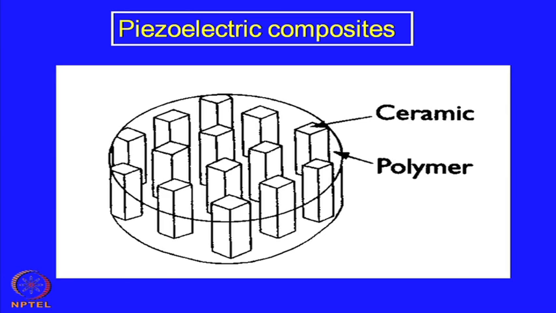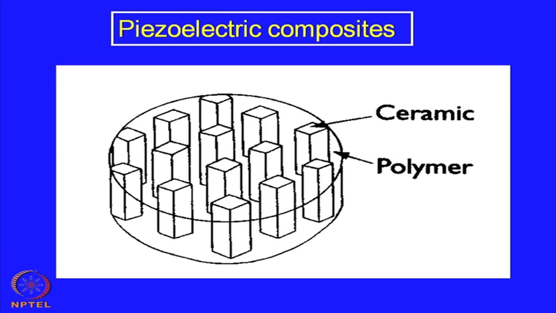So, the polymer is continuous in the xy direction, the ceramic is also continuous in the xy direction, but in the z direction none of them are continuous. So, there are many different ways. In this illustration we have just given only one, that is 1-3 connectivity, but we can have many different connectivities, and depending on that one can have different properties.